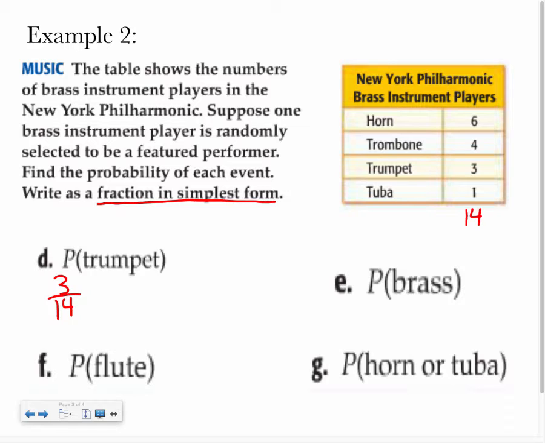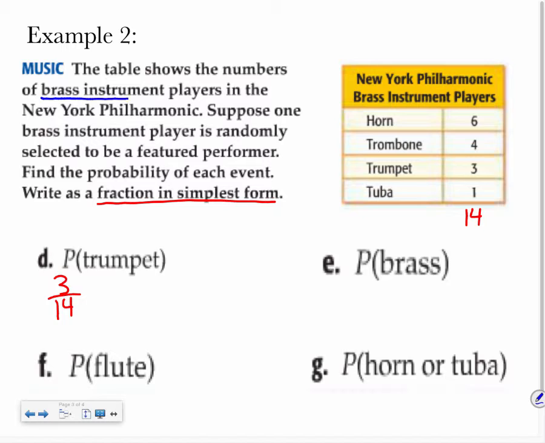What about letter E? What's the probability of it being a brass instrument? Well, let's think about this problem. We're talking about the number of brass instruments. That means these are all brass instruments, so 14 out of 14, because we want a brass player.